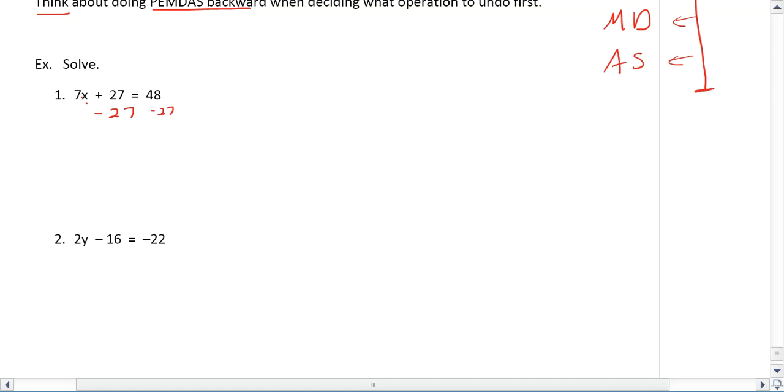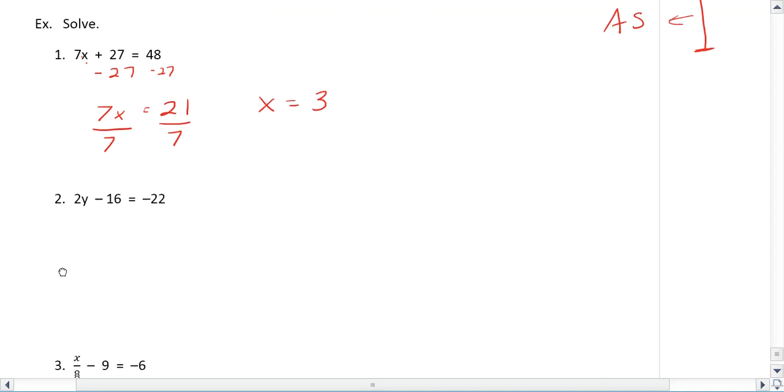We're going to subtract 27 from both sides. Subtracting here, we would get 21. Then we are multiplying by 7, so we do the opposite of that, and we divide by 7 on both sides to get our answer of 3.